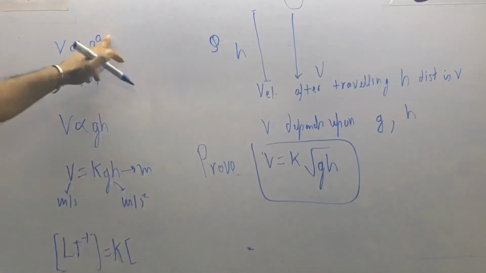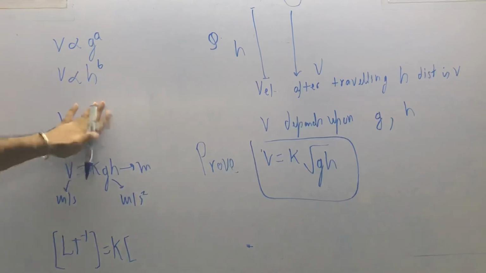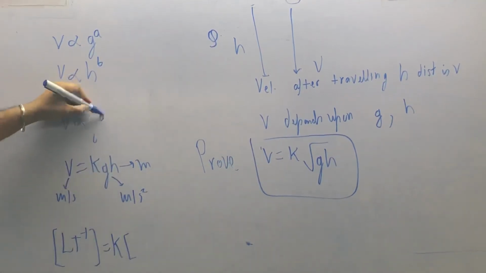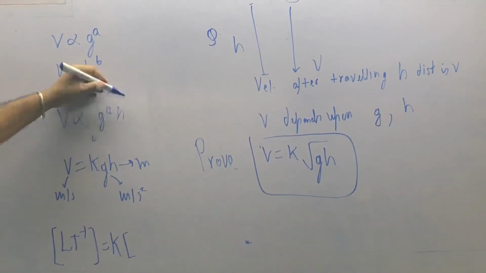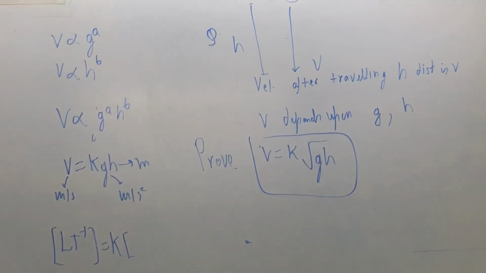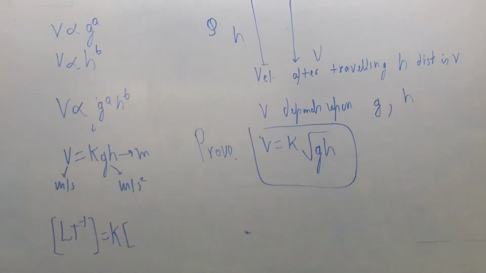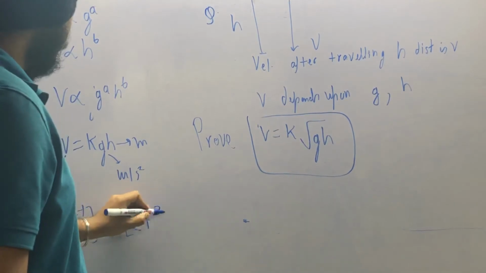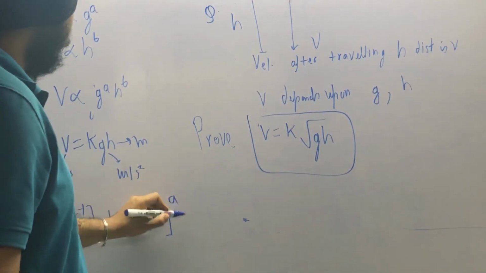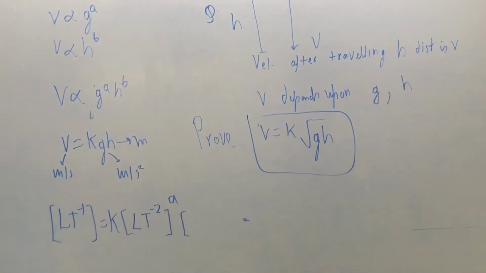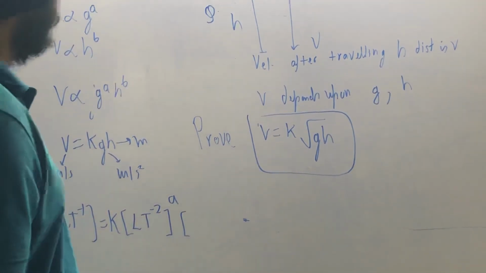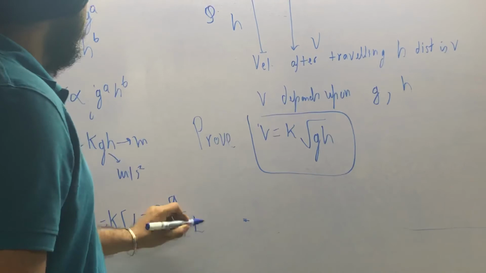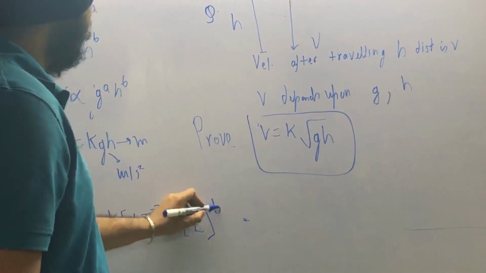So I will put in a and b here, because we have to find out these powers. So g is LT raised to the power minus 2, raised to the power a. Last one is h. h is meter, so L raised to the power b.